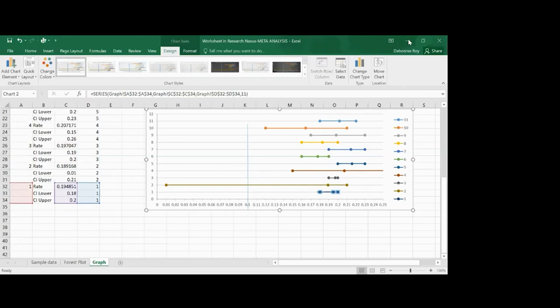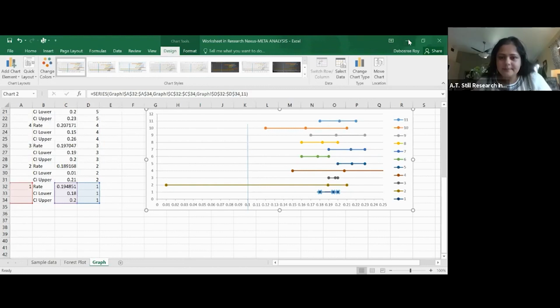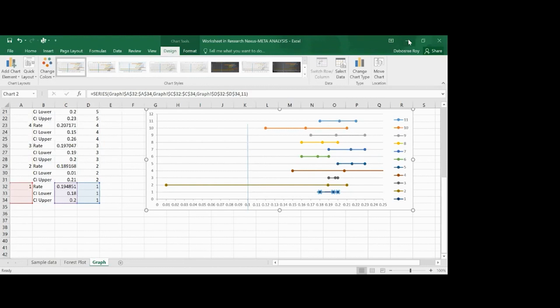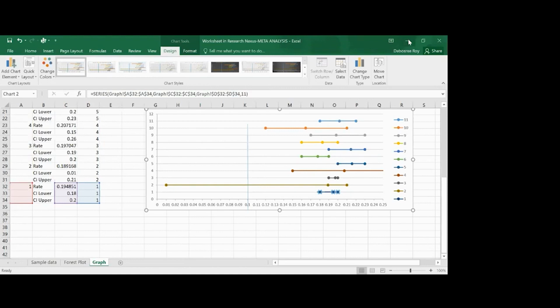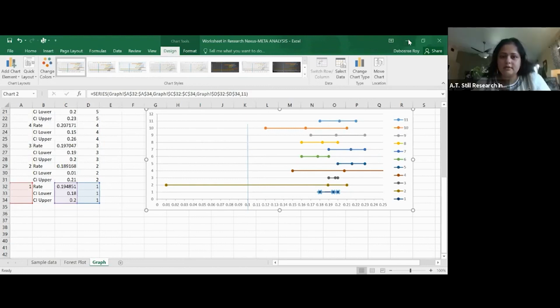So you mentioned earlier a software program that you use called Comprehensive Meta-Analysis. Is that available for faculty and students at ATSU? No, it's not, as far as I know. But if there are enough people interested, I can bring it to our institute's director's notice, or approach IT.